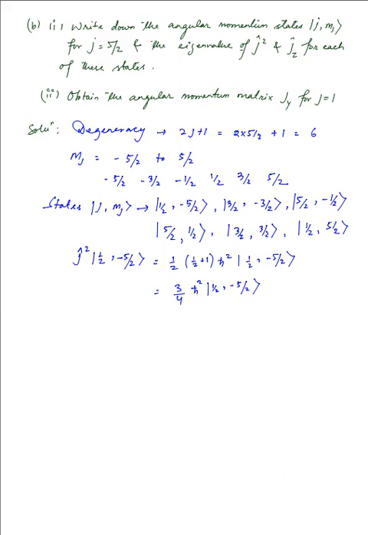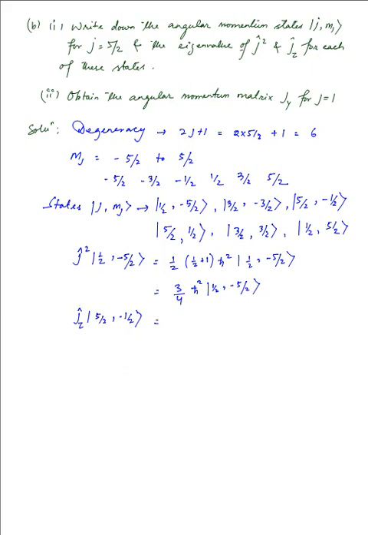And then for the Jz operator, that is simply going to give us mj times h bar. So I'm trying another one. Jz operator operating on, let's say, 5 over 2 minus half.